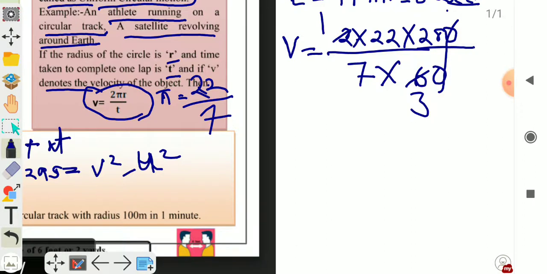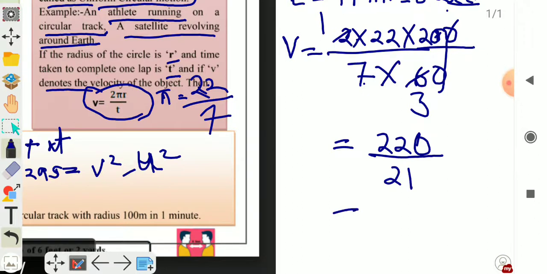Now we will multiply the fraction part of this equation. 22 multiplied by 20 will come 220, and 7 3s are 21. So 220 upon 21.